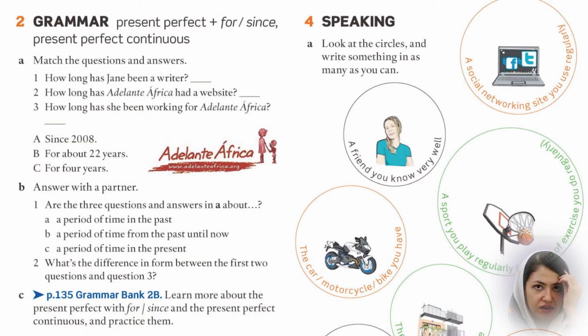If you have a partner, you can practice in pairs, for instance, you and your sister or brother. Let's just see what these topics are about. The first circle is talking about a social networking site you use regularly. So, for instance, I can say, I've been using Instagram for over 4 years, and I can discuss it.